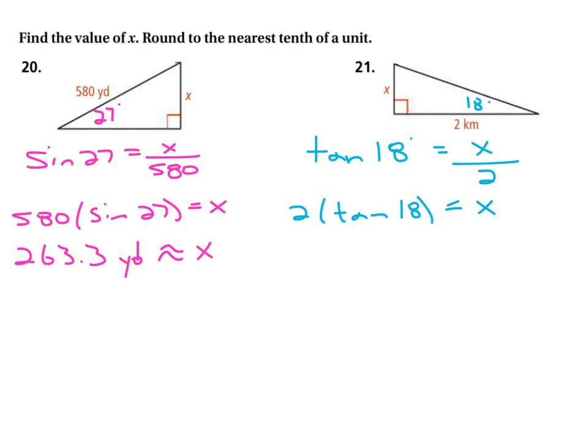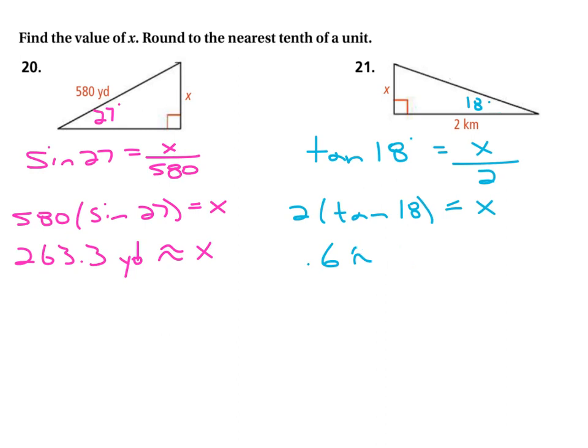So now when I type into my calculator 2 times tangent of 18, I get 0.6498 blah blah blah. And since we're rounding to the nearest tenth, that 0.64 rounds to just 0.6 is approximately equal to x.